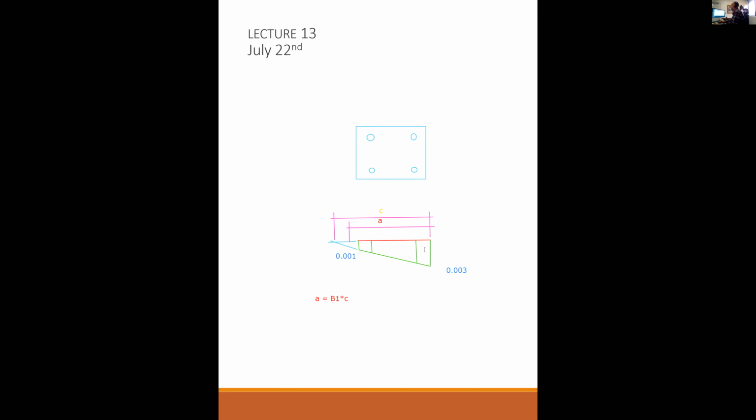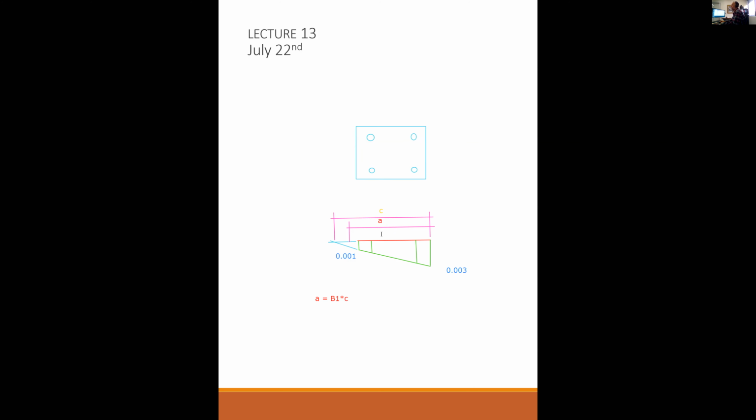You can't have a compression block bigger than the actual physical concrete. So if that were the case, then your compression block would just be the entire column, like it is for pure compression. Your compression block for pure compression is the whole column. So if a equal to beta 1 times c is greater than 24 inches, then a is equal to 24 inches.